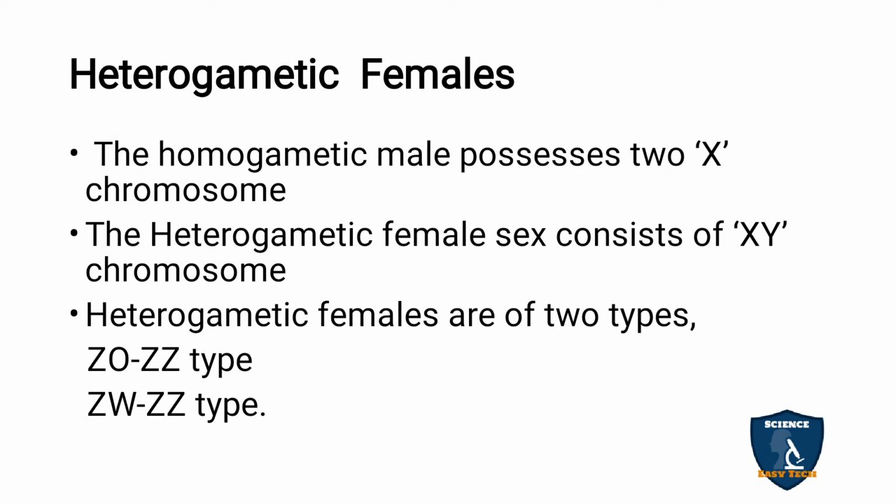So the male is homogametic here and the female is heterogametic here. To avoid confusion with XX and XY, which relate to the heterogametic male, here we use other letters: ZO-ZZ type and ZW-ZZ type.